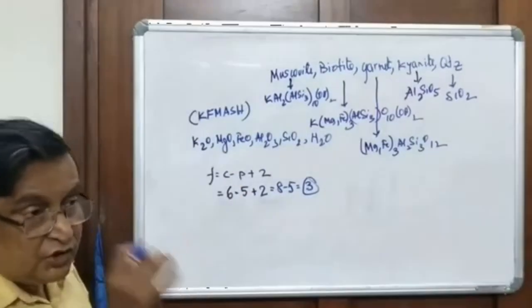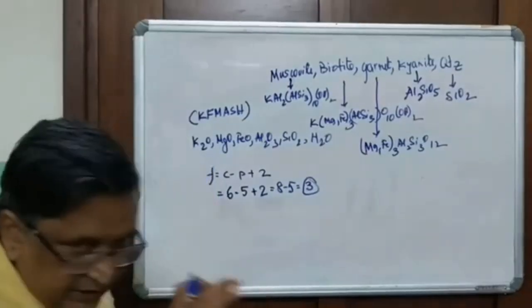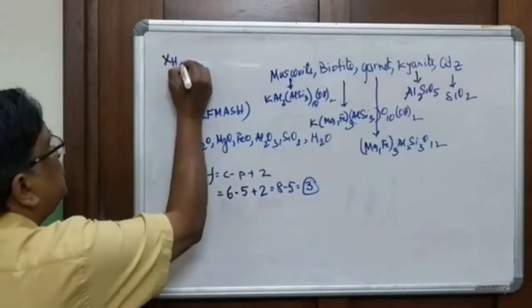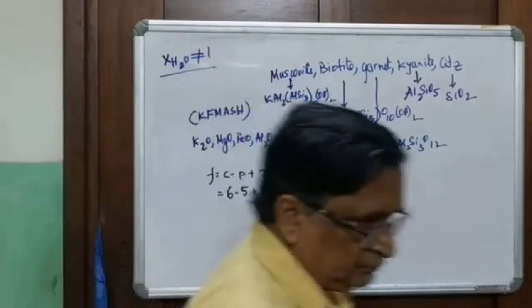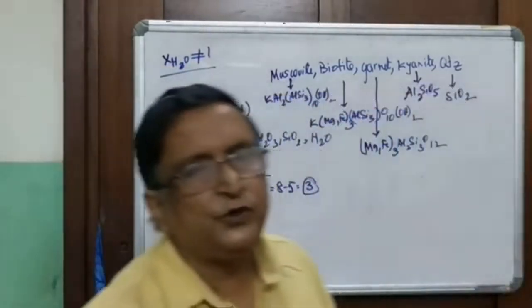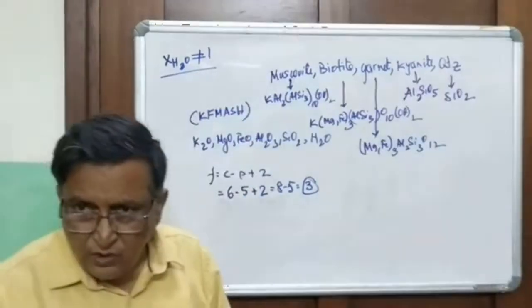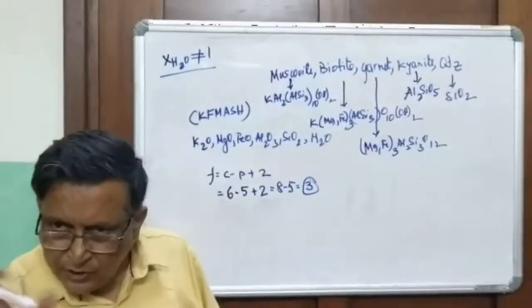Since I did not take H2O as a phase, XH2O is not equal to 1. That's very, very important to realize. XH2O is not equal to 1. It is a phase component which is variable.